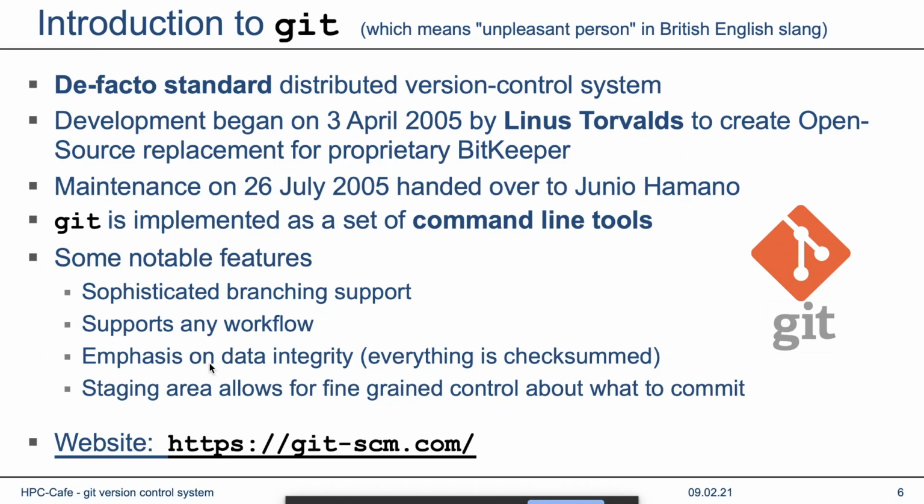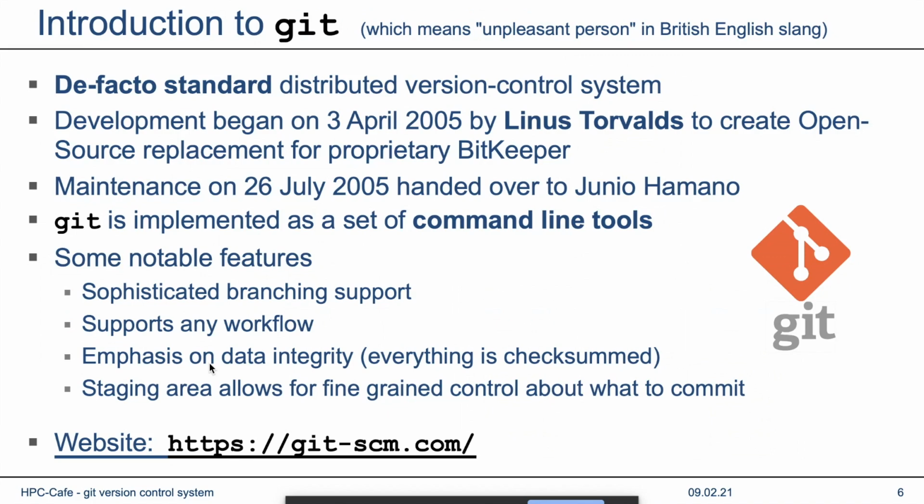It needed to be scalable, and Linus Torvalds wanted something where branching is very simple and merging is very simple, so he could integrate all those changes and easily review them for a very large developer community.